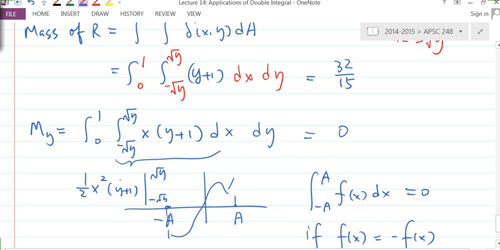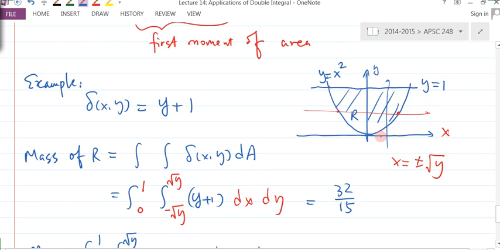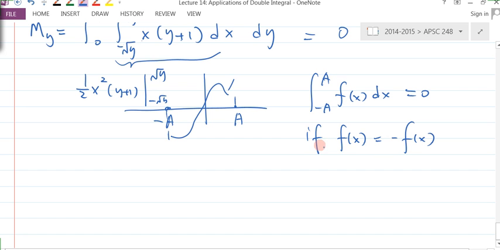So a minus a is 0, the same thing here. The region is symmetric with respect to the y-axis, and at the same time you are integrating with respect to x first. If you forget about the y plus 1, which you consider a constant for the inner integral, the function is f of x equal to x, which is an odd function.